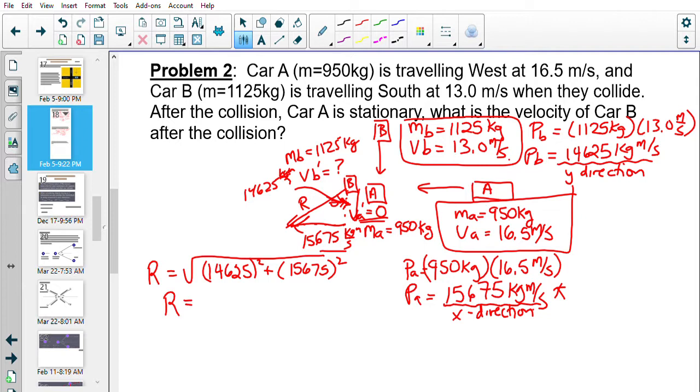I think you get 21,438 kilogram meters per second. That is the entire momentum for object B. So that is PB prime.